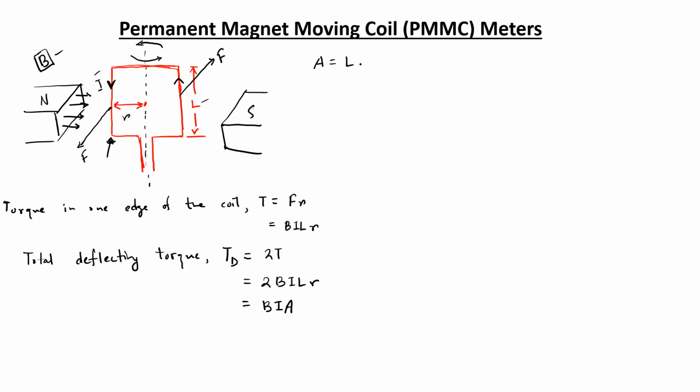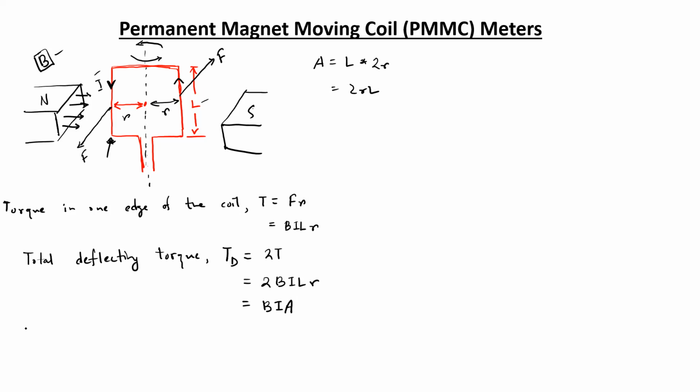So the length of the coil is L, and if we consider the width, it would be actually twice R. So twice R L can be representing the effective area of the coil, and so we can write the deflecting torque to be B I into A. Now this is for a single turn coil.